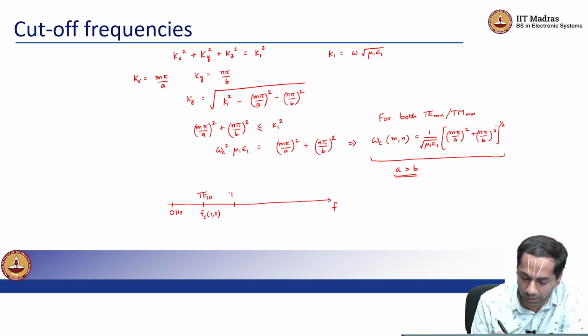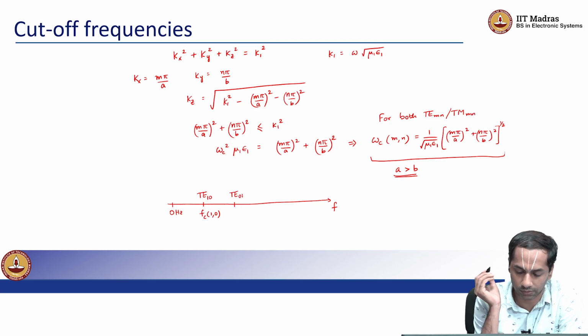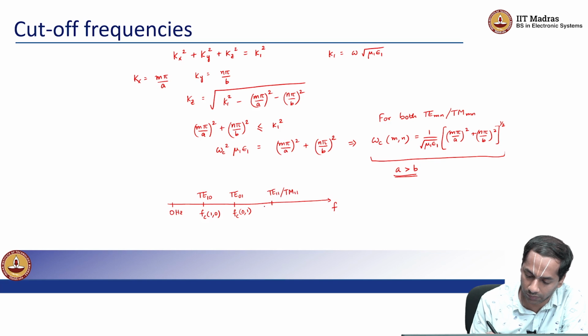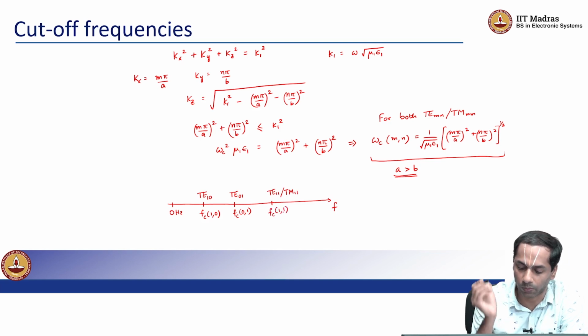Higher to this would be the TE01. Okay, so you can say that this is the cutoff frequency for the ordered pair 0 1, and then whether it is for TE11 or TM11, we will have the same cutoff frequency for the ordered pair 1 comma 1.